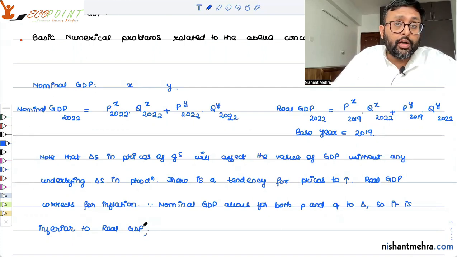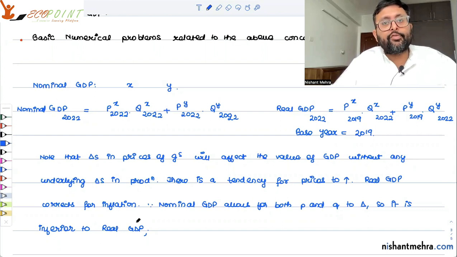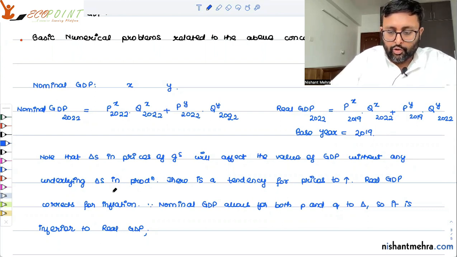Inferior in terms of what? We are interested in measuring how output has increased, not just how prices have increased. Because when output has increased, then you say that welfare is increasing, right? You can satisfy more wants of the people.